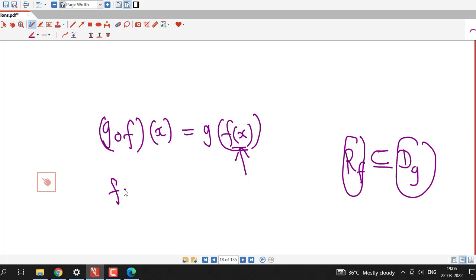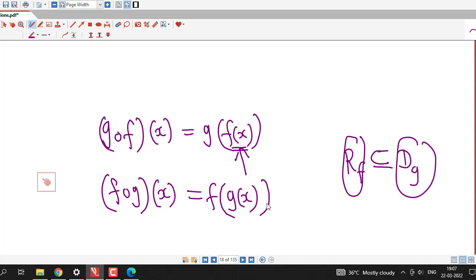Similarly, f∘g is defined as f∘g(x) equal to f(g(x)). Now we evaluate function f at point g(x), and this point g(x) is in the range of g. So therefore range of g must be a subset of domain of f. So we can easily remember these conditions for composition of two functions to be valid.